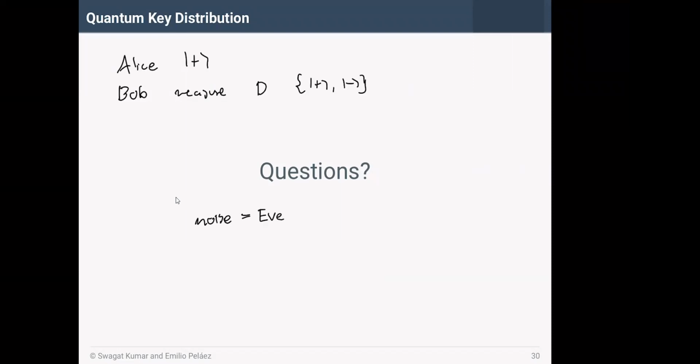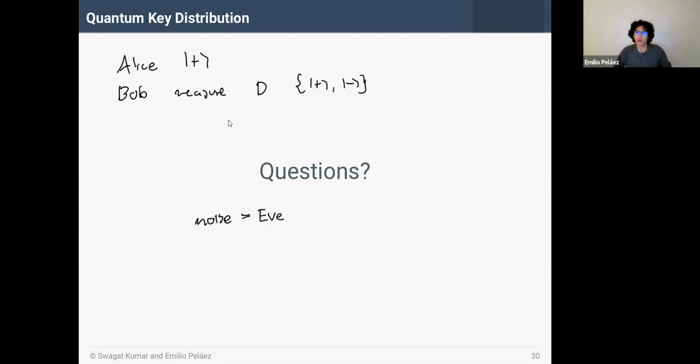So just to clarify, when you mean rectangular and diagonal basis, in this case you would say it's the Z basis and the X basis, right? Yeah, yeah. The rectangular and diagonal bases are named that way because this is usually applied with photons.